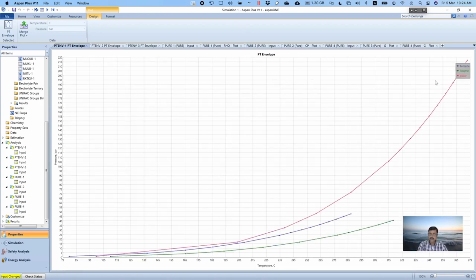Okay, so you can compare the PT envelope curve of these three components, benzene, toluene, and water.